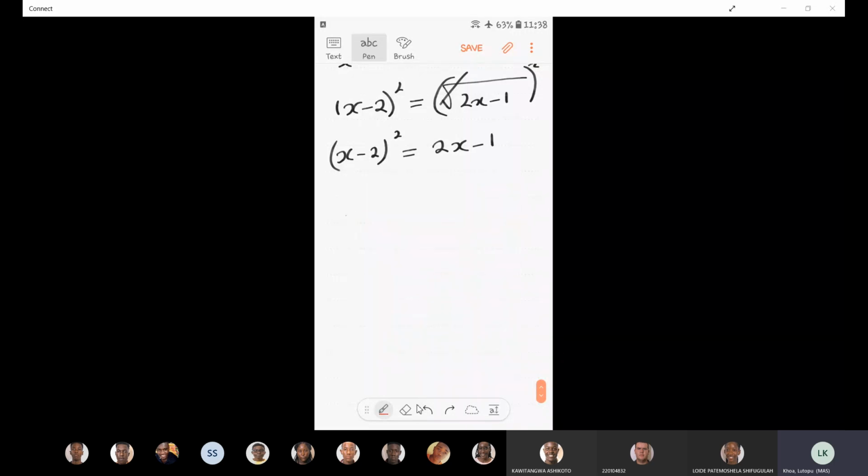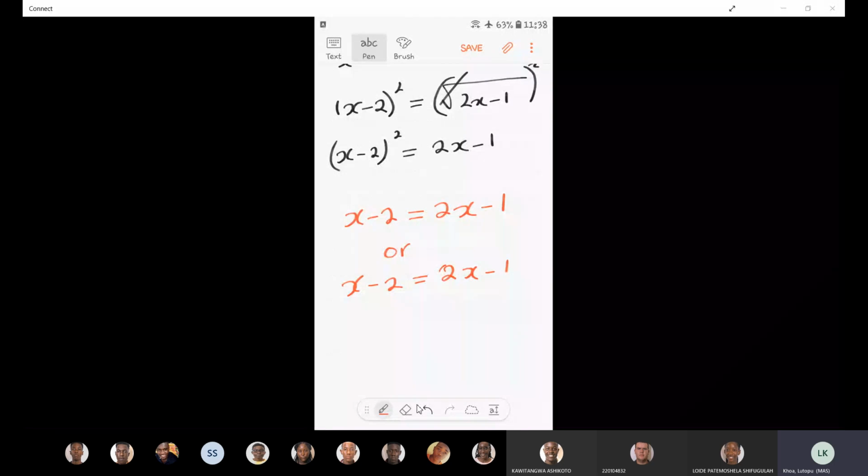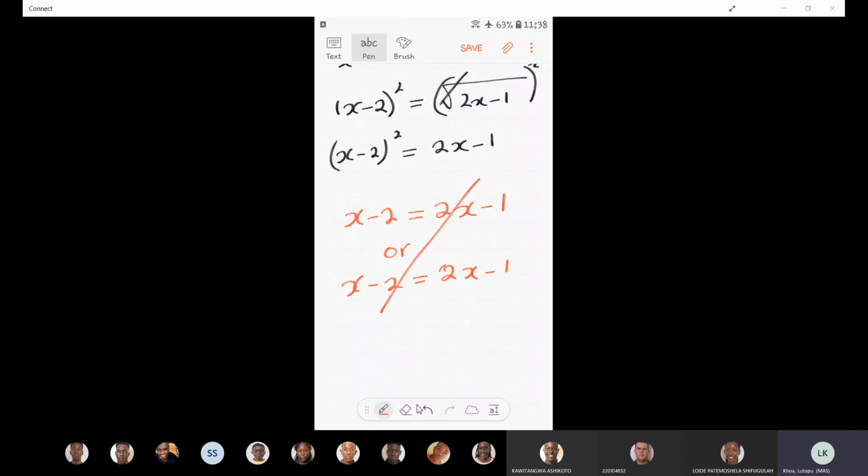I'm not going to say x minus 2 is equal to 2x minus 1, or x minus 2 is equal to the negative of that. I'm not going to do that. That is wrong.